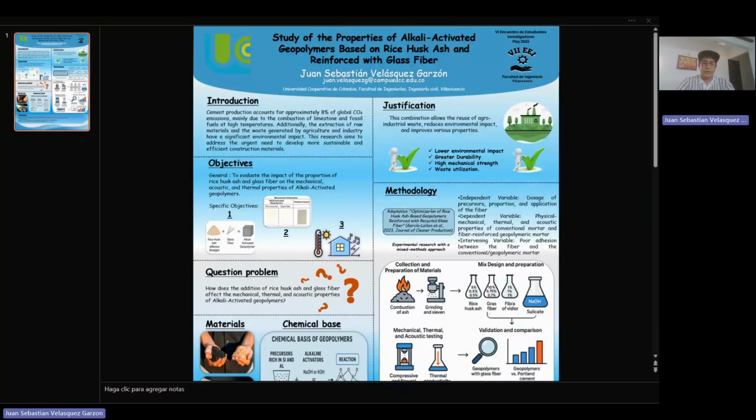The main motivation for this research lies in the urgent need to develop more sustainable and efficient construction materials. Cement production is one of the largest industrial sources of these emissions, accounting for approximately 8% of global CO2 emissions, contributing significantly to global warming.